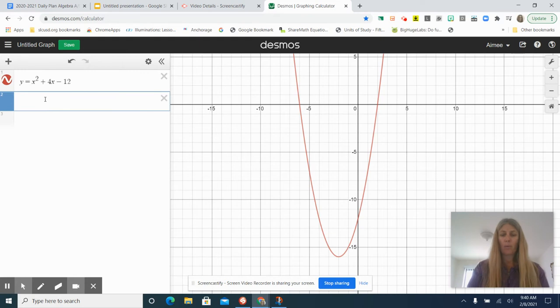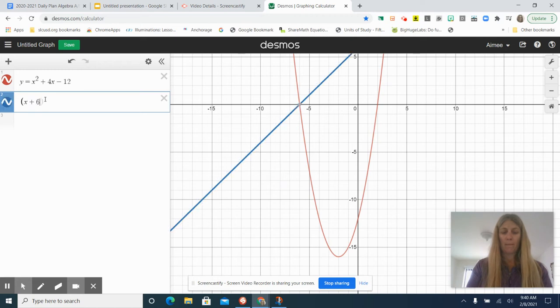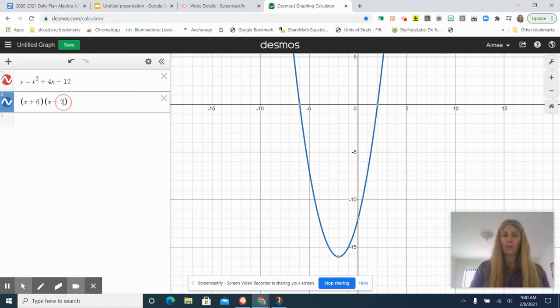Then we type in our product form, our answer: x plus 6 times x minus 2. Now, if I had done this incorrectly, I would see two different parabolas. But I know that I got the answer right when the parabolas are right on top of each other, because once again, I'm just writing it in a different format.